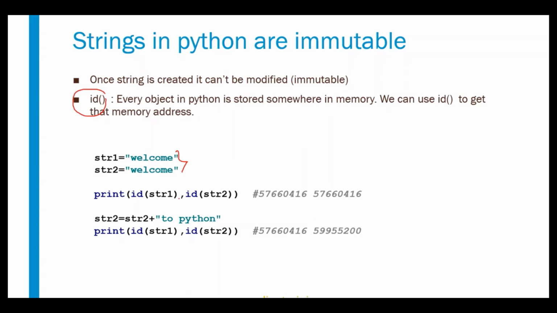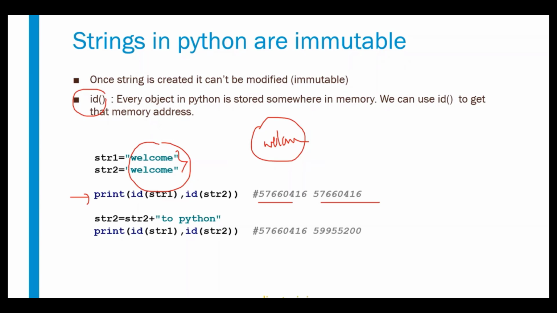These two strings will point to the same object because the values are exactly the same. It will create a memory location as soon as I create these variables, but it will point to the same location. So when I print the location of these two strings, it will give exactly the same value.